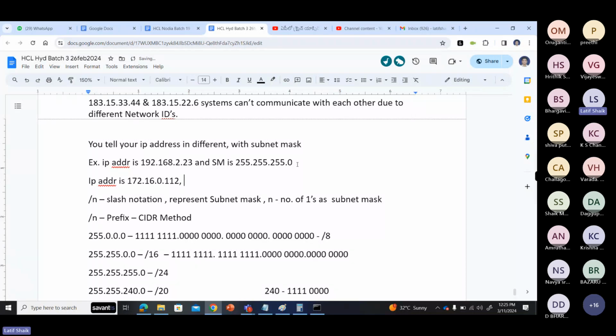Okay. So it means the subnet mask is the default one. What is the default subnet mask of this particular IP?